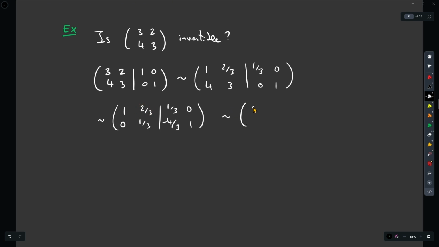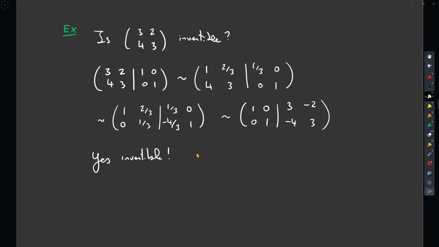So it ends up being that it is reduced to the identity, and on the right hand side I get this matrix, and therefore, yes, it is invertible, and the inverse is precisely the matrix that appears on the right-hand side of the augmented line.